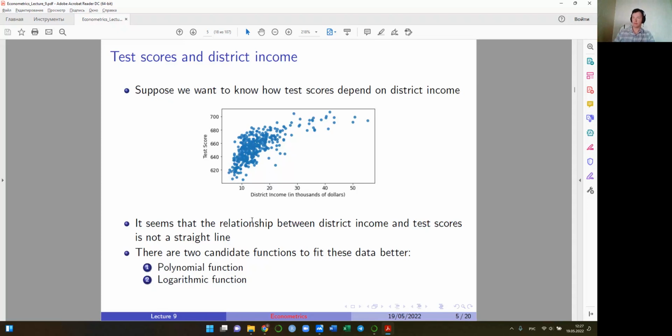All these things are going to be based on the same idea. So for this lecture, we will talk about polynomials and logarithmic functions, but in principle, with these tools, you can model any kind of relationship. If it looks more like a hyperbola, like 1 over x, you can do the same. If it looks like a square root, you can model this as the square root of x. The ideas and the approaches are totally similar.